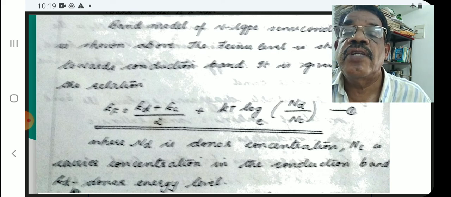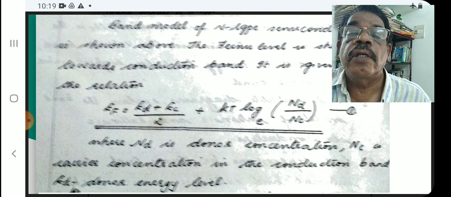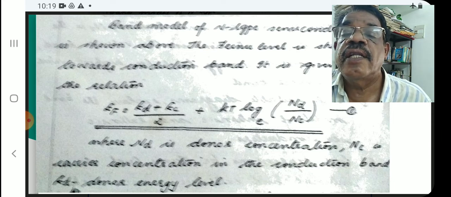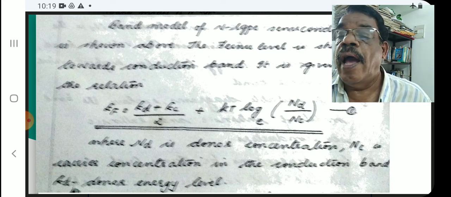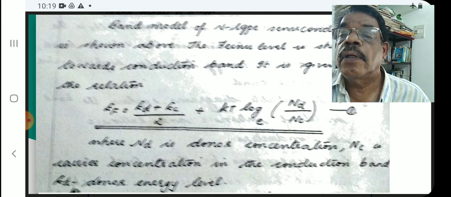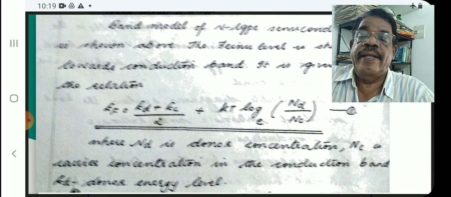The equation is EF is ED plus EC by 2 plus KT log ND by NC to the base e, equation number 1, where ND is the donor concentration, NC is the carrier concentration in the conduction band, and ED is the donor energy level.